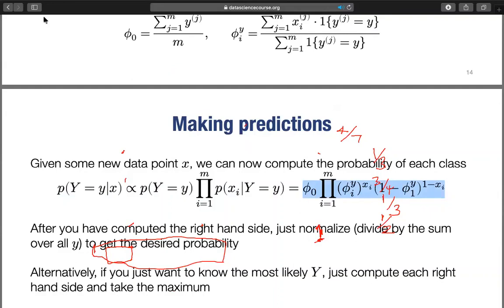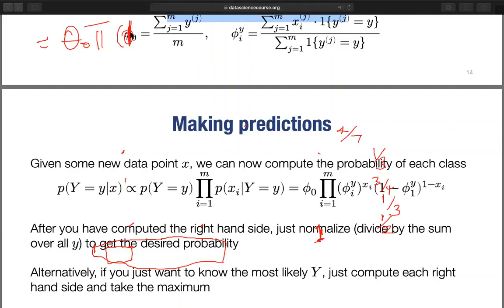Let me write it down here. Our prediction of y is equal to the product: φ0, φ of y_i raised to the power y, and 1 minus φ of y_i. Oh boy, what happened?